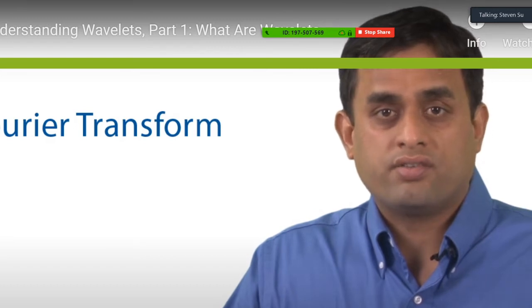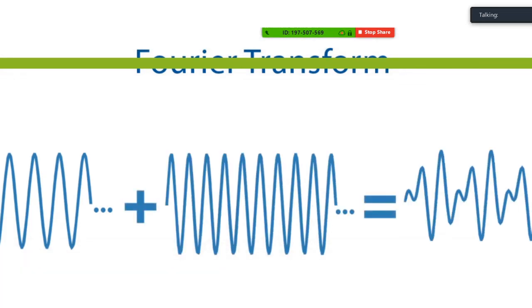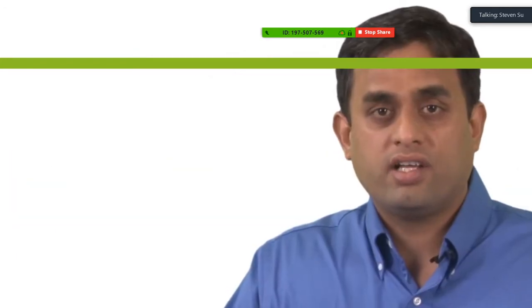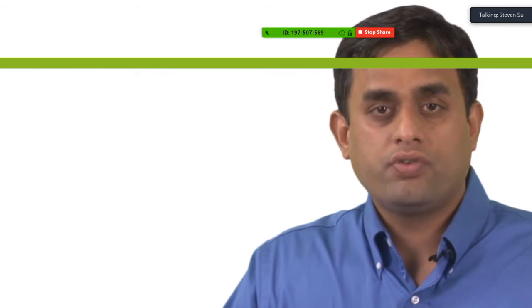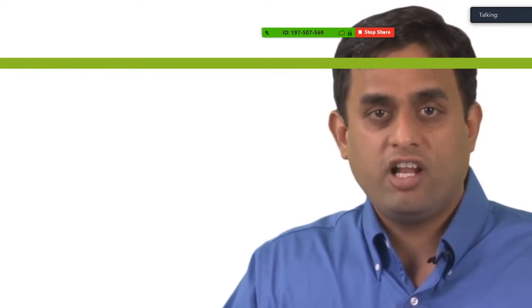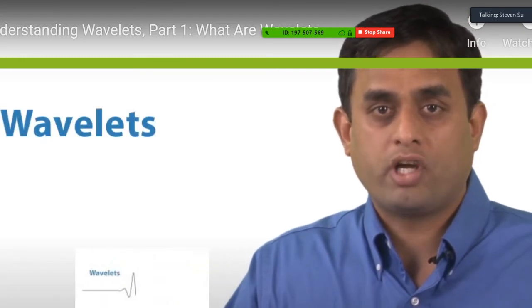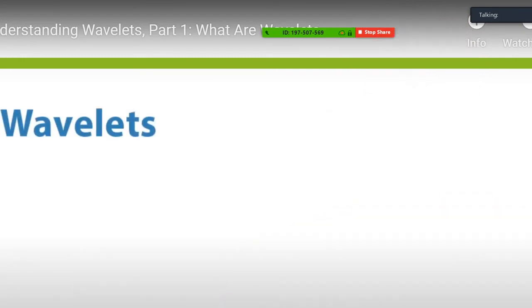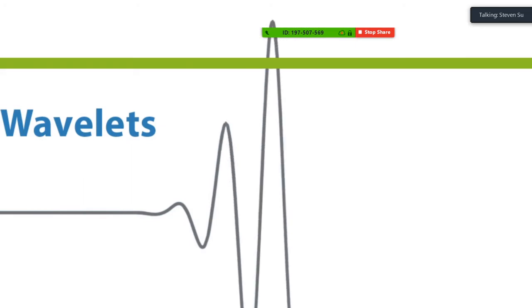The reason for that is that the Fourier transform represents data as a sum of sine waves, which are not localized in time or space. These sine waves oscillate forever. Therefore, to accurately analyze signals and images that have abrupt changes, we need to use a new class of functions that are well localized in time and frequency. This brings us to the topic of wavelets. A wavelet is a rapidly decaying wave-like oscillation that has zero mean.